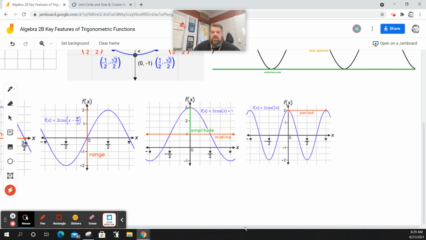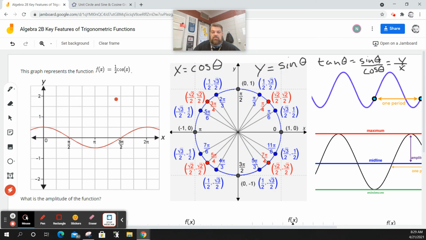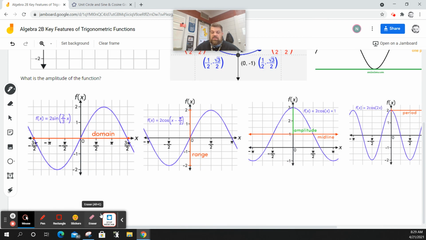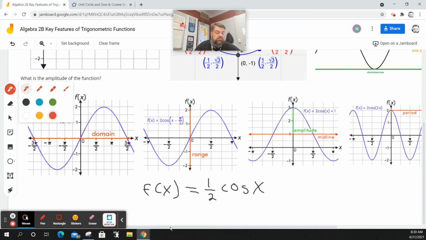But when we're trying to find the amplitude of this thing, we need to know that the function f of x equals 1/2 cosine of x. The 1/2 is a scalar multiplier, and that's the amplitude.